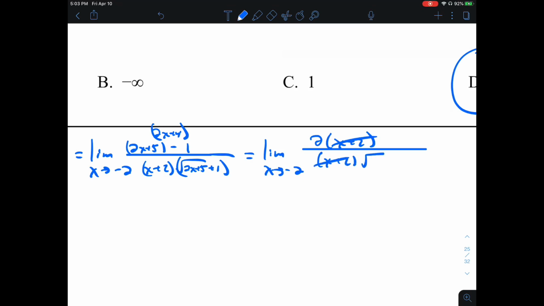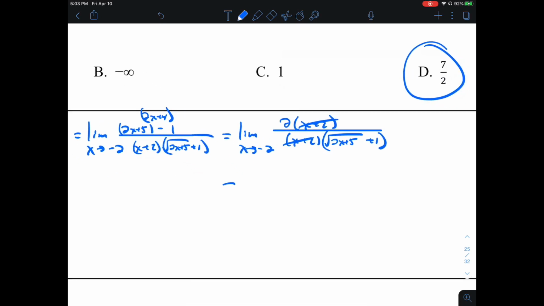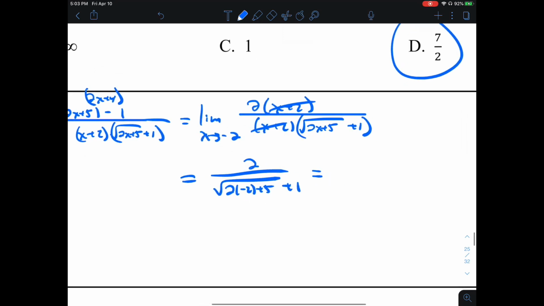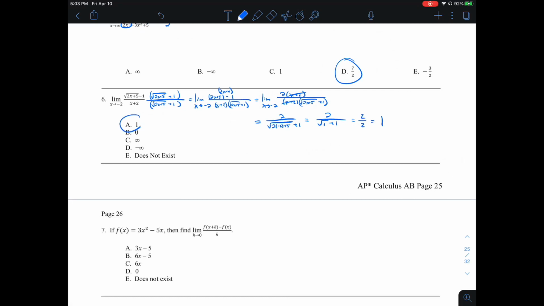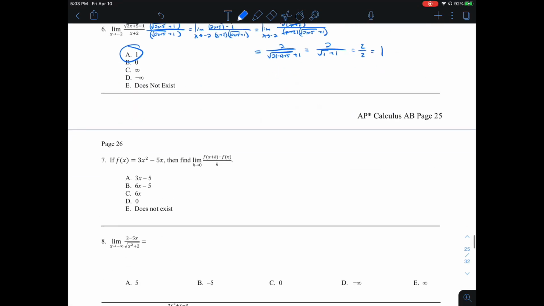We want those to cancel. And because those cancel, we can now evaluate the limit. We got 2 on the top. On the bottom, we have 2 times negative 2 plus 5. It's going to be 2 over negative 4 plus 5, which is 1. So that's going to give us 2 over 2, which is 1. A is the correct answer.